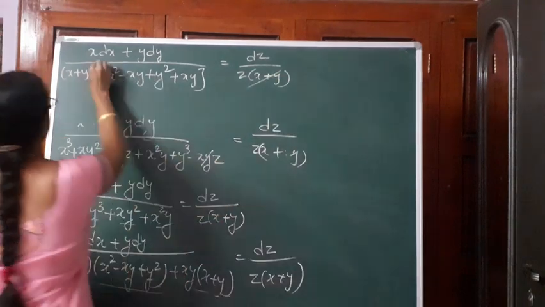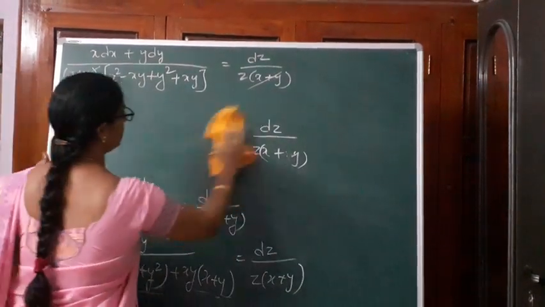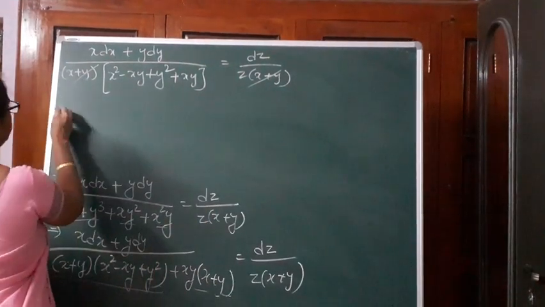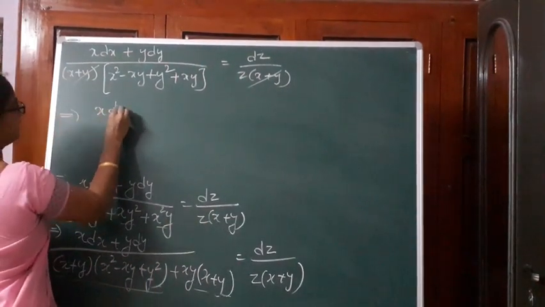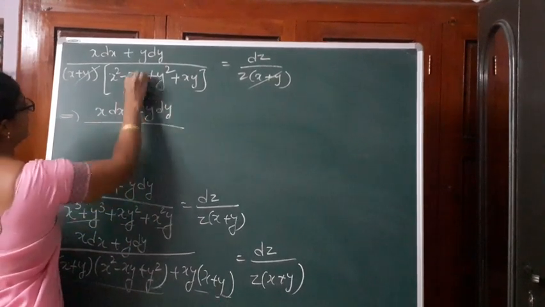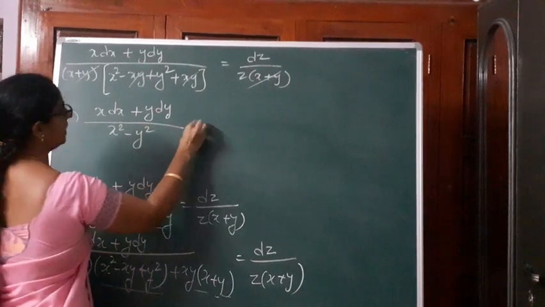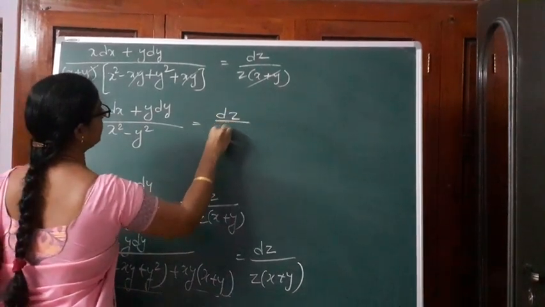Now we can cancel x plus y on both sides. So we remain with x dx plus y dy divided by minus xy plus xy also gone, x square minus y square is equal to dz by z.